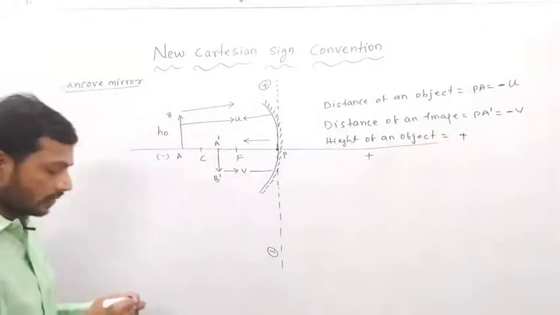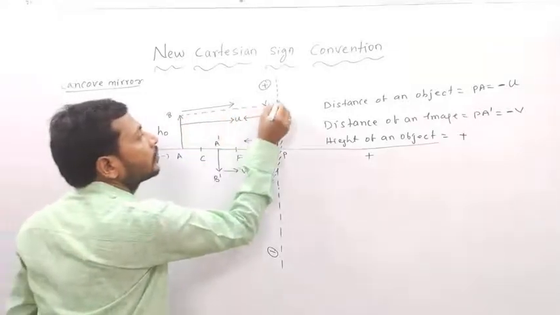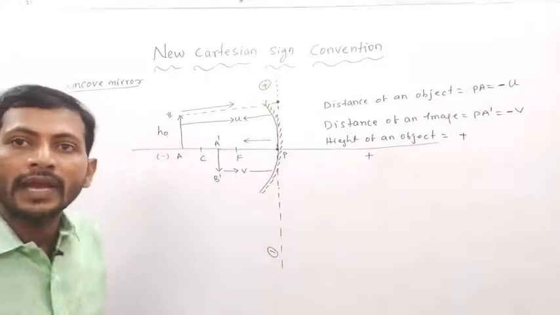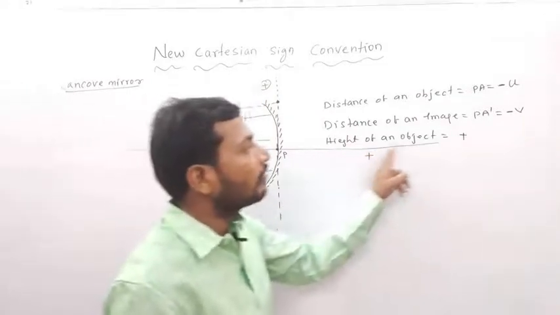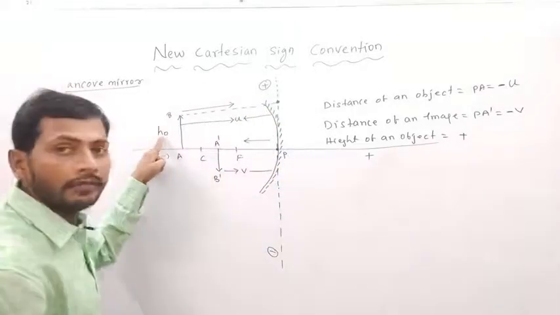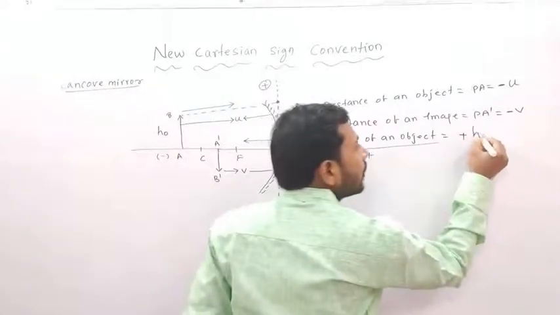Why did I write plus? Observe here, when you see the height 3 centimeter, 4 centimeter, it is represented on which axis? Positive y axis. That's why I keep height of an object plus, and height of the object is represented by the letter HO. That's why I am writing plus HO.